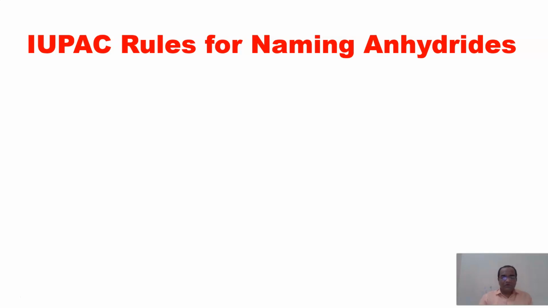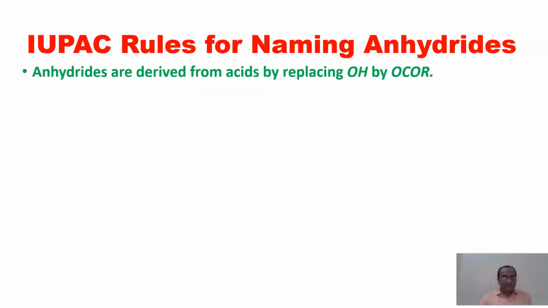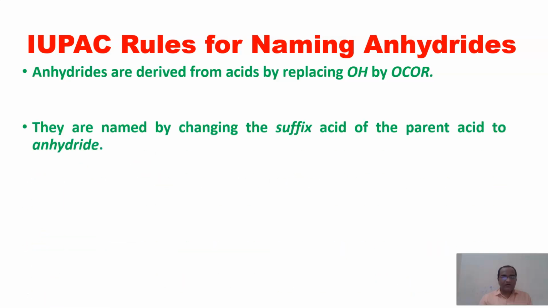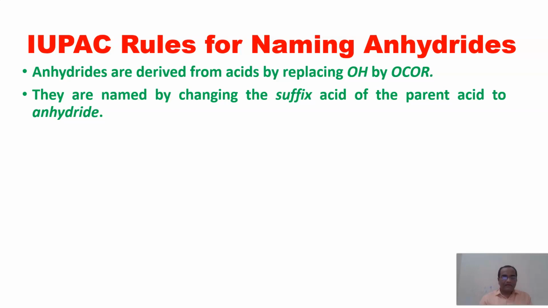Now we'll see one more class of carboxylic acid derivative once again. Anhydrides are derived from the acids by replacing OH by OCOR, and they are named by changing the suffix acid of the parent acid to anhydride. So let us take an example, from that you will understand. Say suppose this is an example.